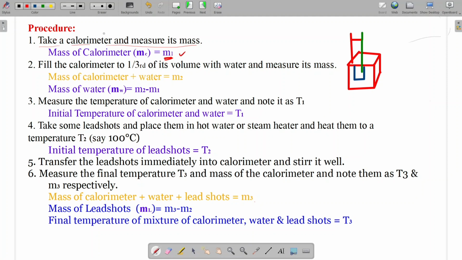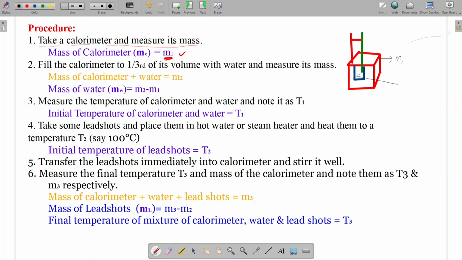Now fill this calorimeter to 1/3 of its volume with water and measure its mass. In the first step, only the mass of the calorimeter is m1.